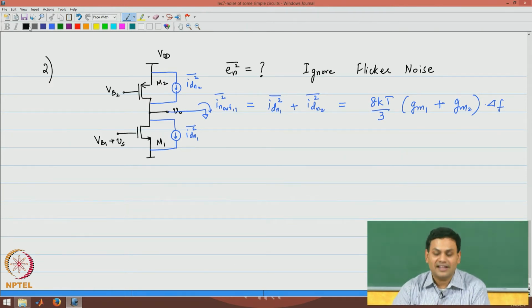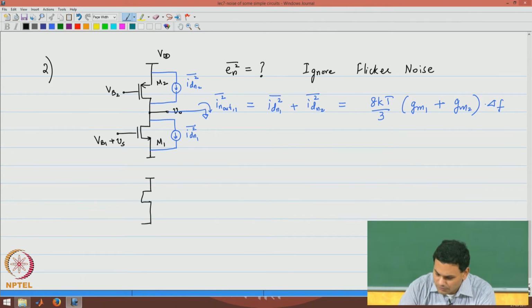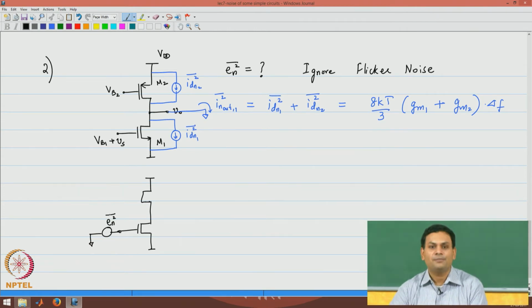Now, I consider the other case, when both these transistors are noiseless, and I only have the input referred noise source En squared at the input. Please note that noise is a small signal, so all small signal analysis is valid for noise.